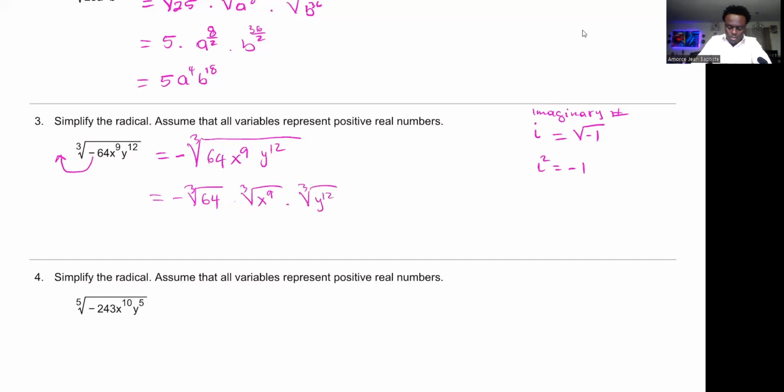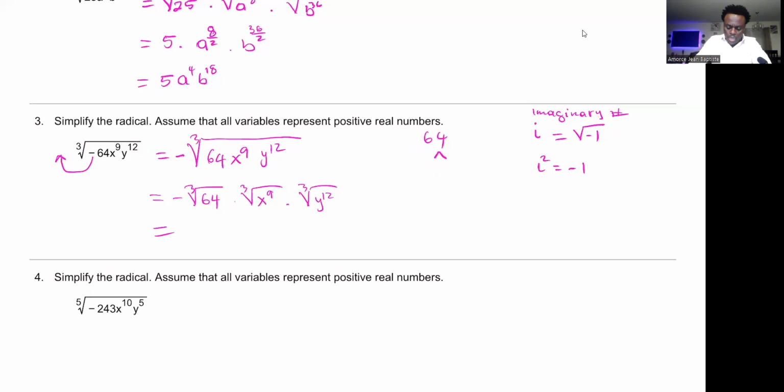And then we should find the number to multiply itself 3 times and equal 64. You can break it down by 2 because 2 goes in it.